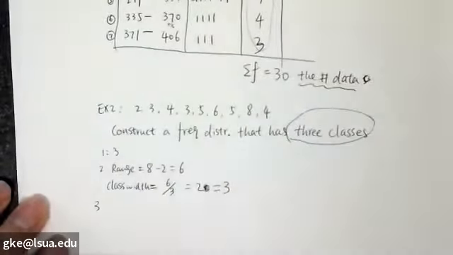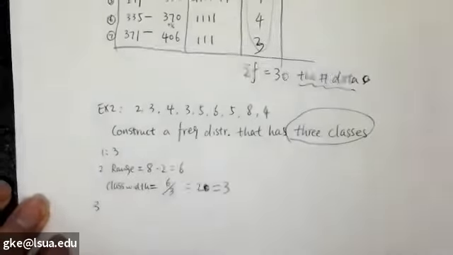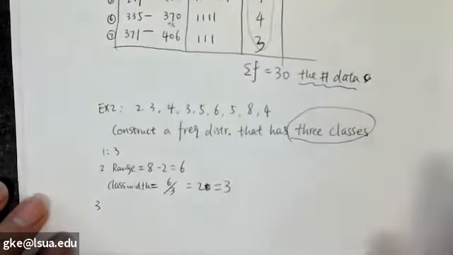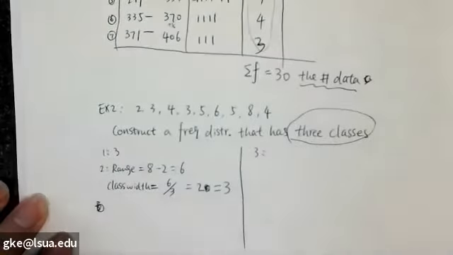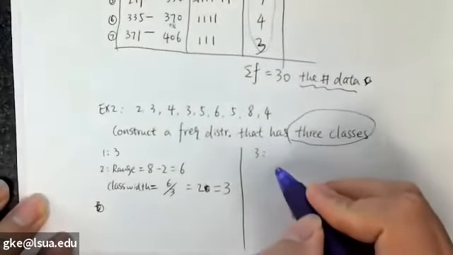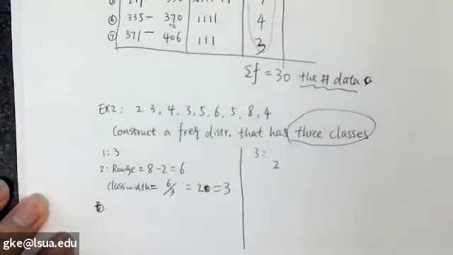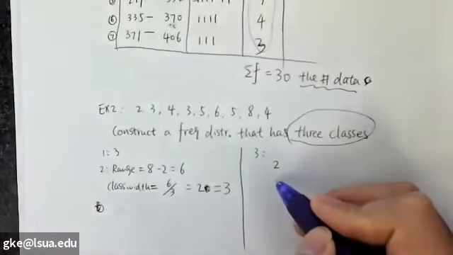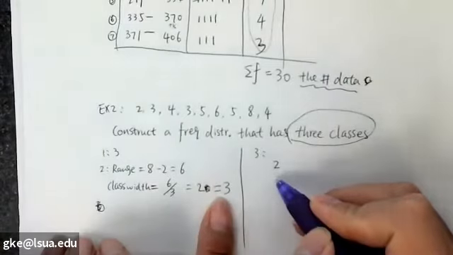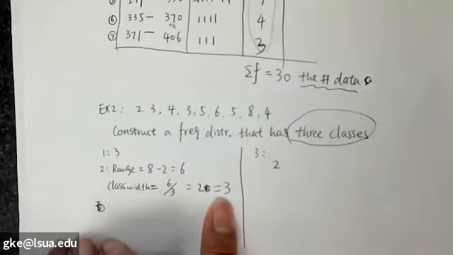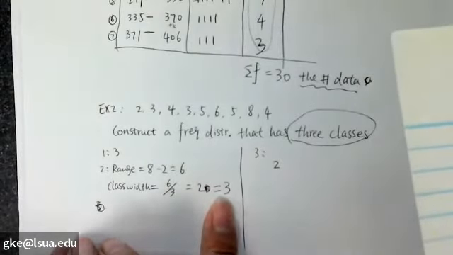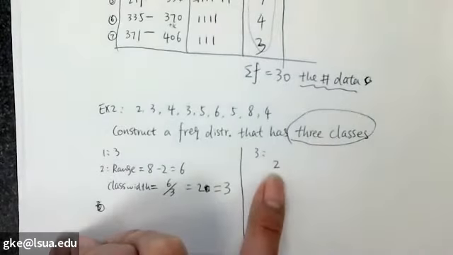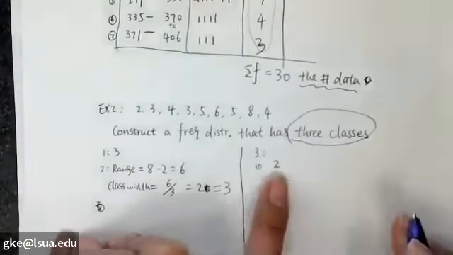Now 3. After you find the class width, you need to find the lower limit, upper limit, right? So for this guy, we know the minimum number is 2, right? So we start with 2. So we know the first class is 2.